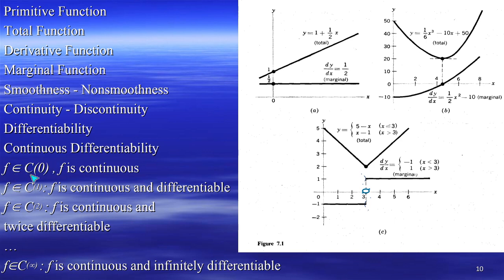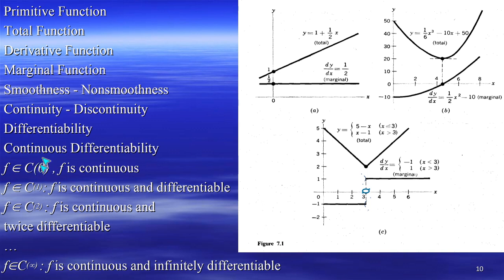So we have a notation here, C0. In fact, this 0 should have been a superscript. It's not C of 0, it is C0. There's a small misprint here.